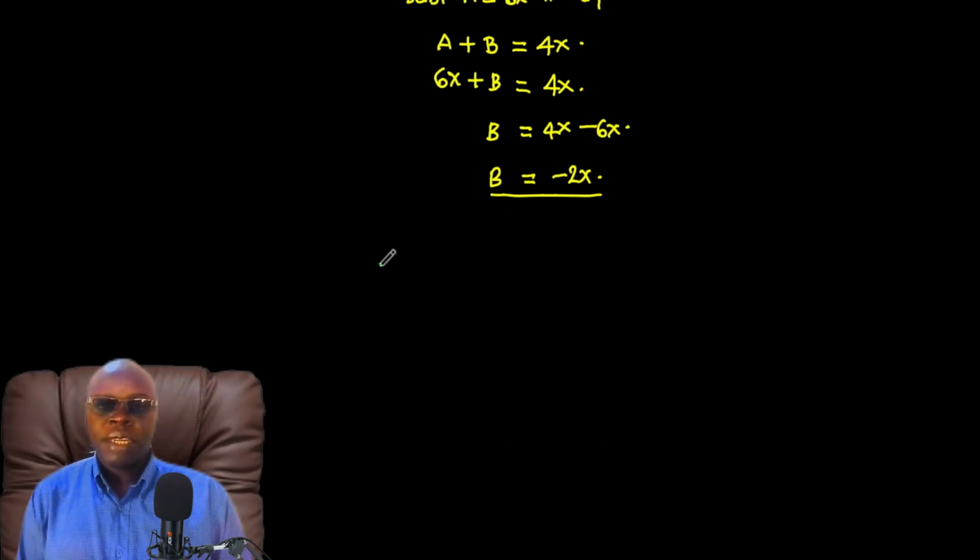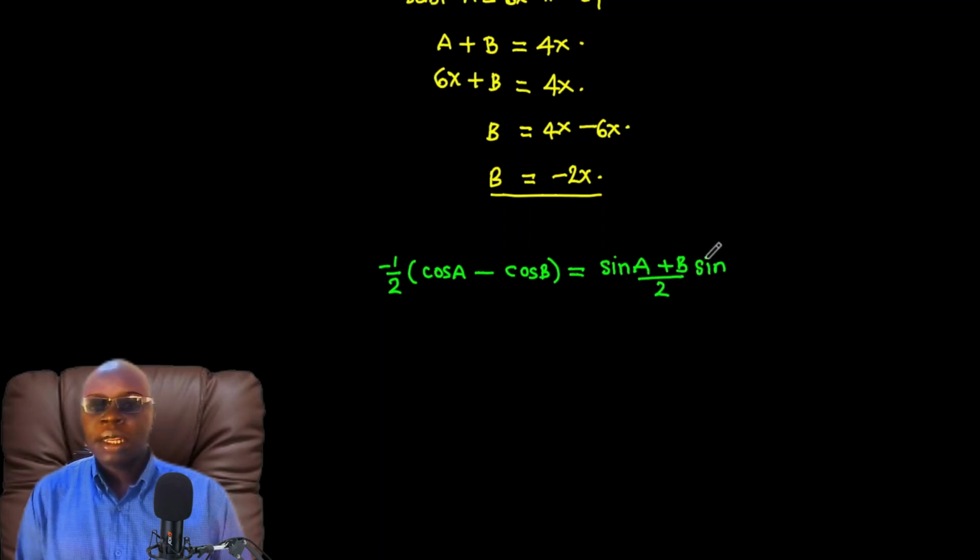Remember, we divided it by negative 2, so we obtained 1/2 into cosine of A minus cosine of B, closed, equals sine of (A plus B) over 2 times sine of (A minus B) over 2.